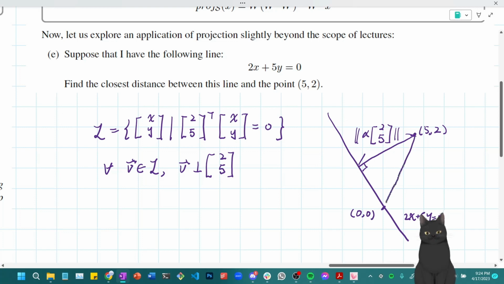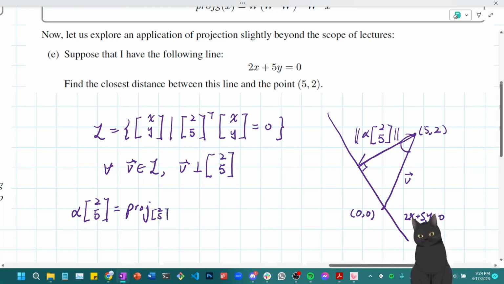And we connect (5, 2) to 0. Then the shortest distance, alpha times (2, 5), is essentially the projection of this hypotenuse here, which I can call v, onto the direction of (2, 5). So alpha times (2, 5), which is the shortest distance, is equal to the projection of v onto the direction of (2, 5).